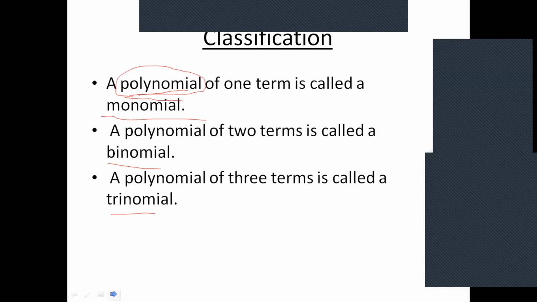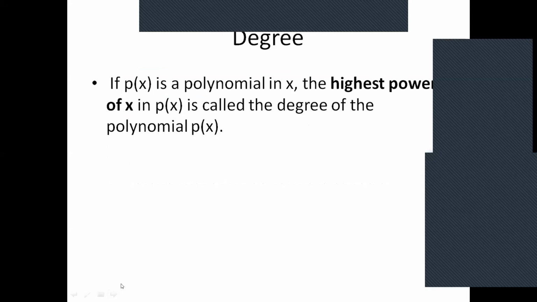Next we'll move on to the classification, and some of you have already told me that classification is based on the degree. So what is this degree? Degree is nothing but the highest power of x in p of x. Now what is this p of x? That is nothing but the polynomial. For example, suppose I write x square plus 2x plus 1.